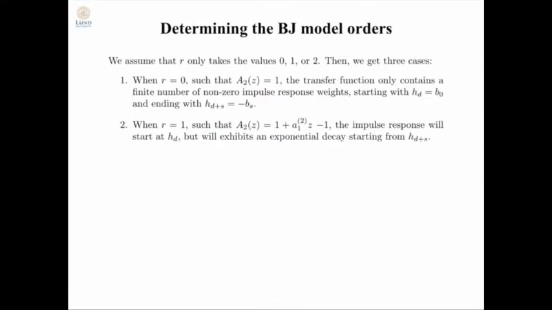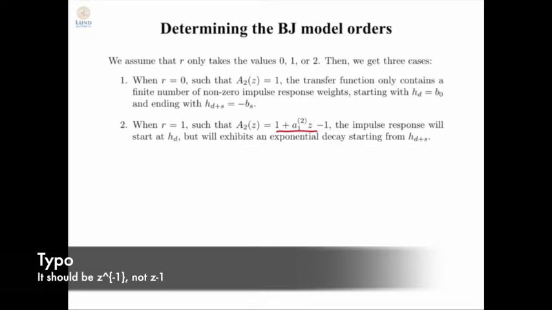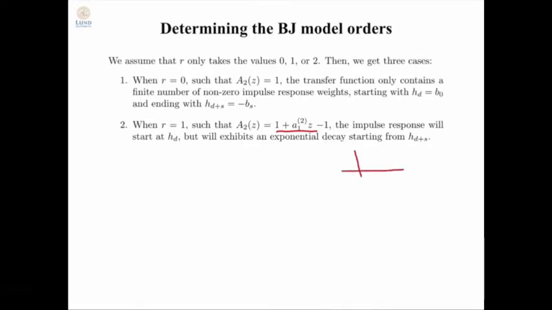Now, when r is equal to 1, that means that we have one single pole in our system. We should get an expected impulse response that looks like an exponential decay that starts at position d plus s. So that means I can look at when the impulse response starts exhibiting this exponential decay behavior, and from there I can reach s.